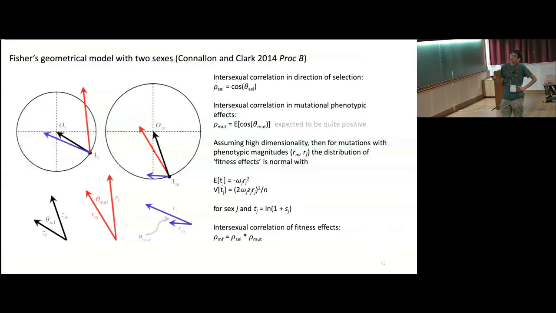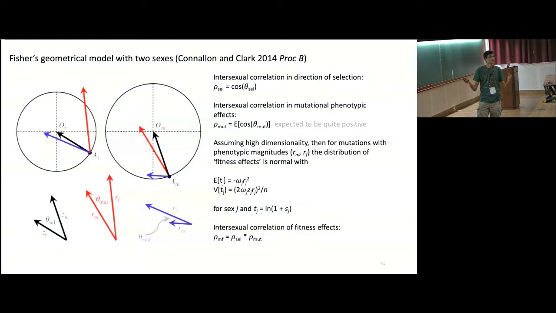And we can think about mutations that occur. This red arrow is meant to represent the same mutation in males and females. And they've generalized it here. So here they're imagining that one mutation might have a slightly different effect in males than it does in females, right? So we could imagine a mutation that affects the phenotype identically when it's in a male as when it's in a female, in which case these 2 arrows would lie right on top of each other and the angle between them would be 0.